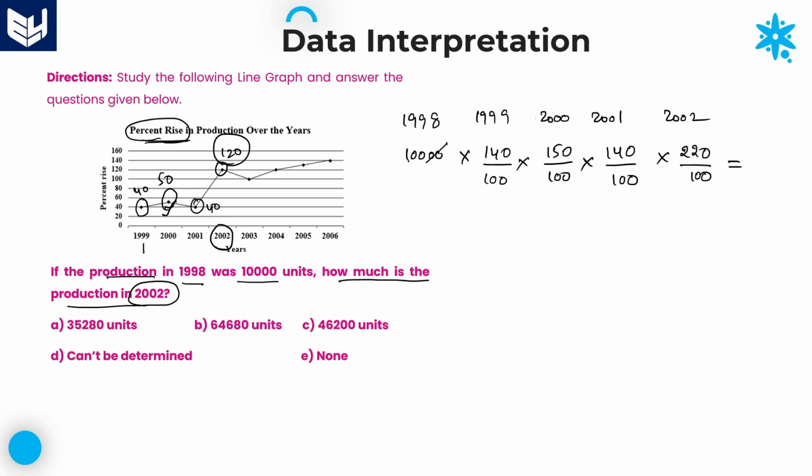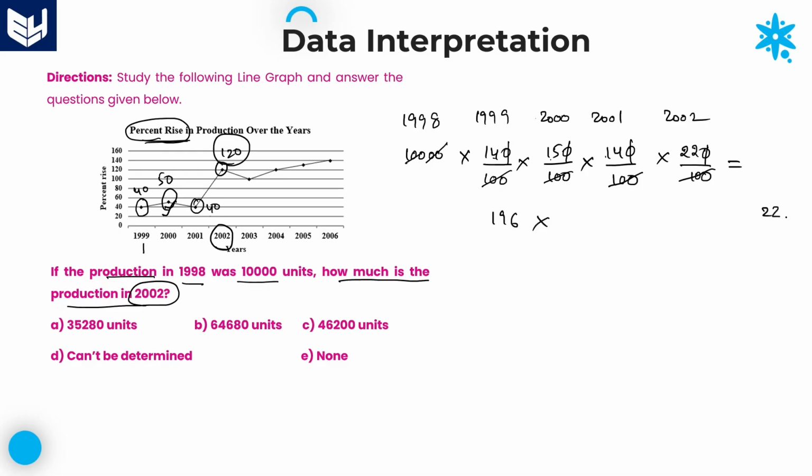Here, a total of 4 zeros are there in the denominator. You can cancel 4 zeros. Coming to the numerator, 2 zeros cancel, and 2 more zeros cancel. Now your required answer is 14 into 14, which is 196, into 22 into 15.